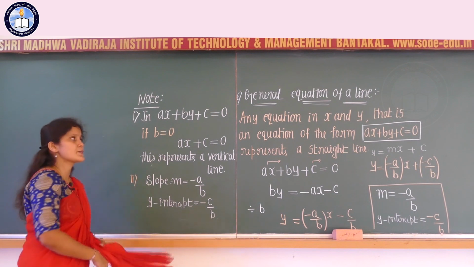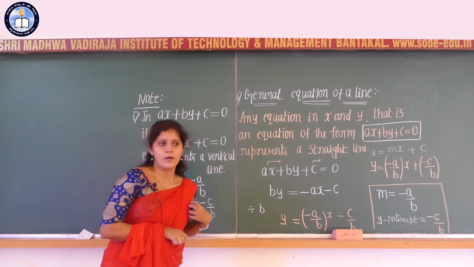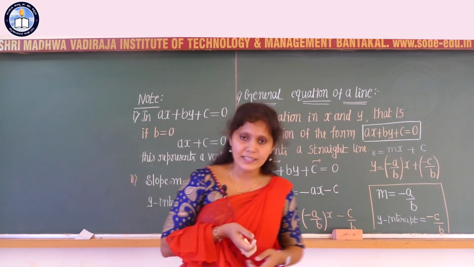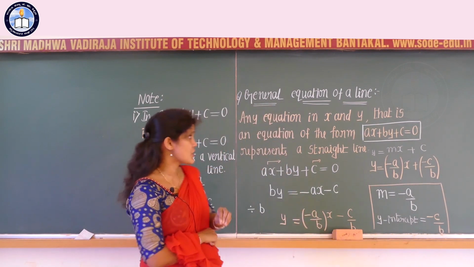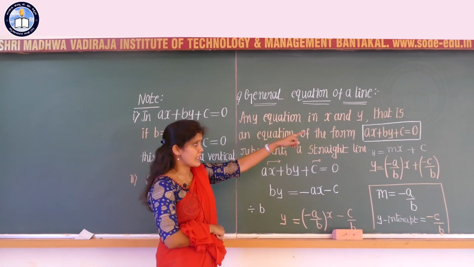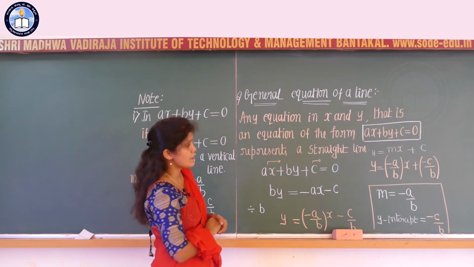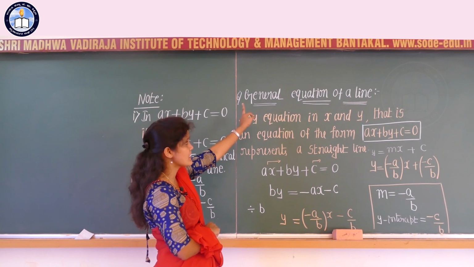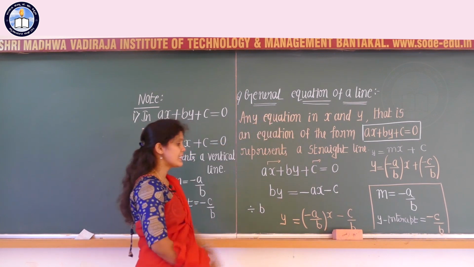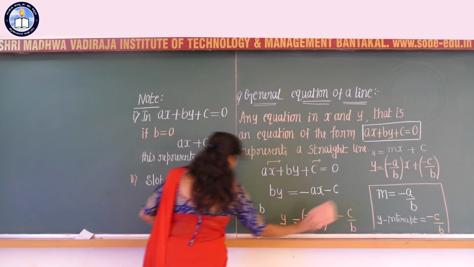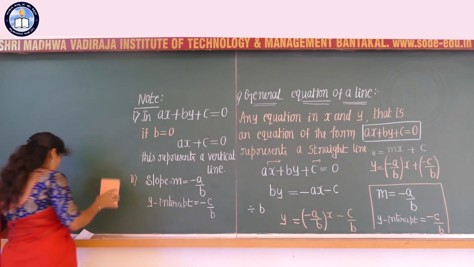Remember these points with respect to the general equation of a line. What is meant by the general equation of a line? Any equation in x and y of the form ax plus by plus c equal to 0 is called the general equation of a line, and these are the concepts associated with it.